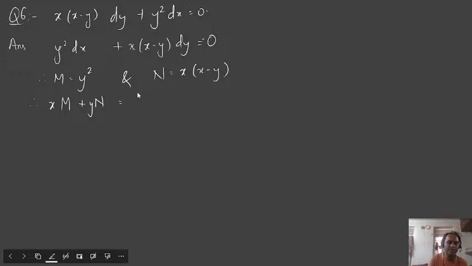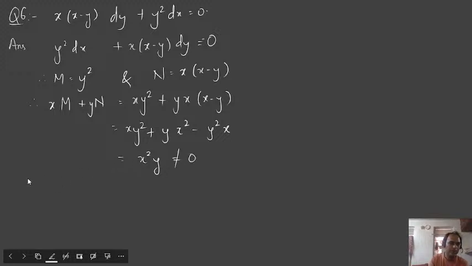When you do this, you get xy square plus yx square minus y square x, so this gets cancelled, and x square y is the output, which is not equal to 0.